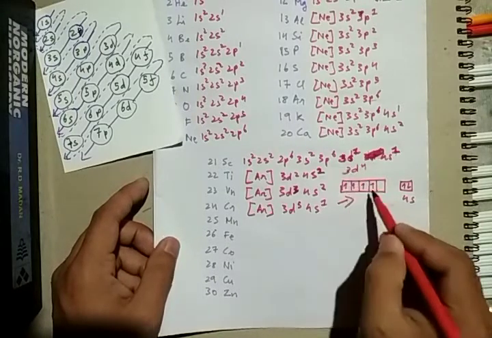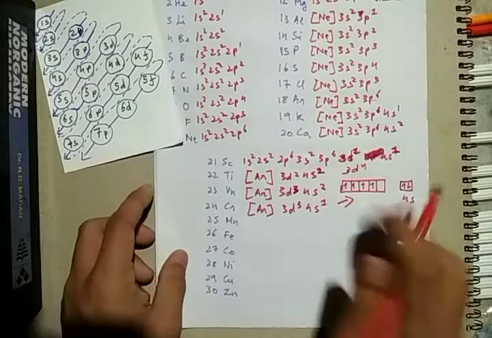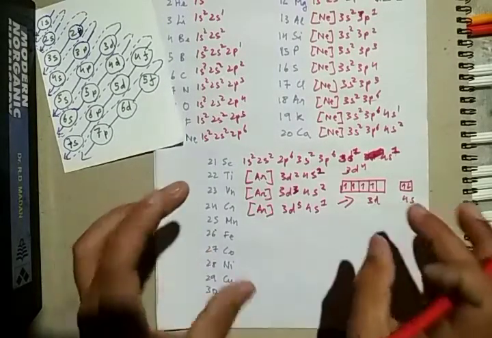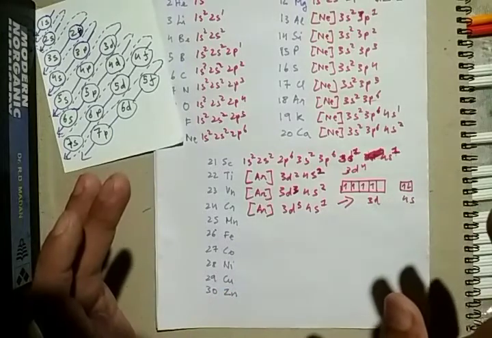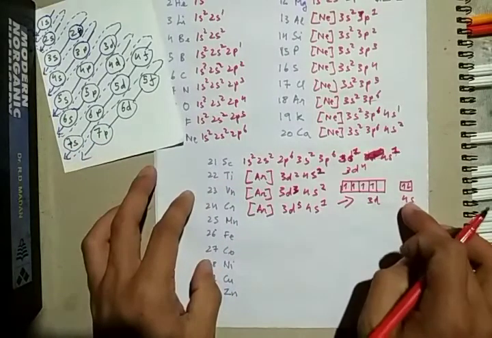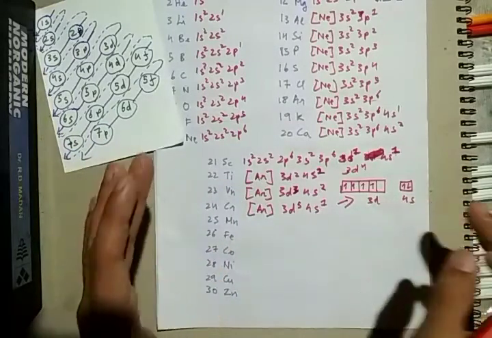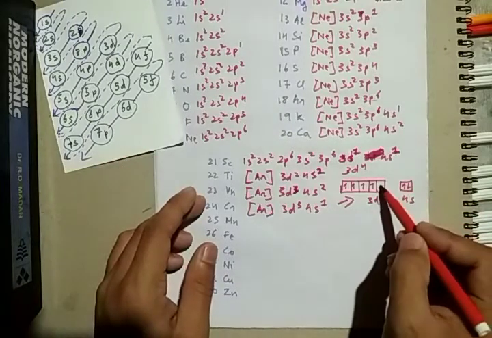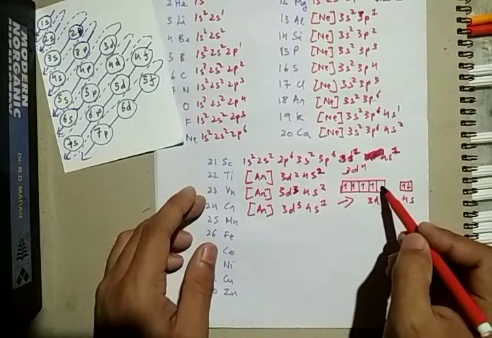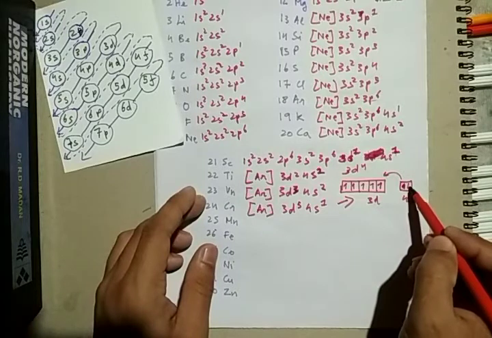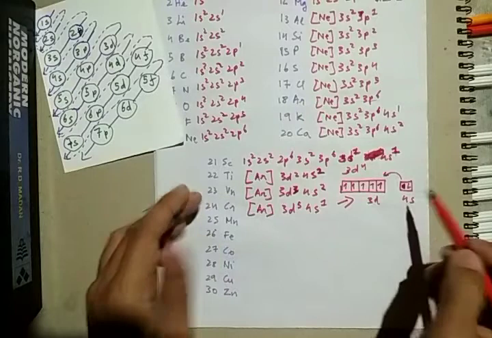But 3d and 4s have similar energy. The energy difference between 3d and 4s is not much. So due to this, an electron from 4s can jump to the 3d orbitals, and this becomes a single electron. 4s becomes half filled.